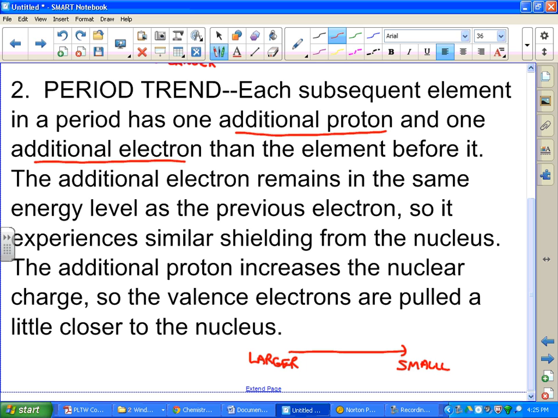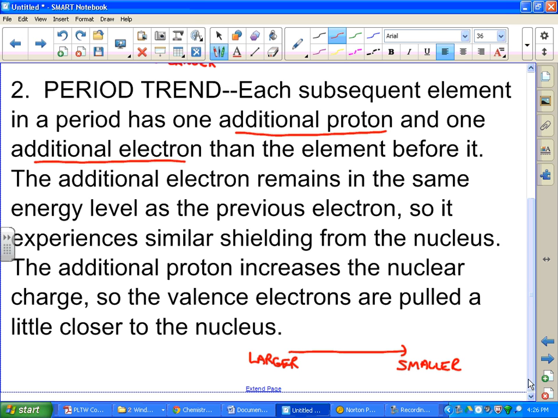You might want to, at this stage of your studies, say, well, who cares how big the atom is? Remember, chemistry is all about electrons. And so if you can predict how these electrons are going to behave, like whether or not it's easy for an atom to lose one, and as you might guess, larger atoms with valence electrons that are further from the nucleus are probably more likely to give them up.